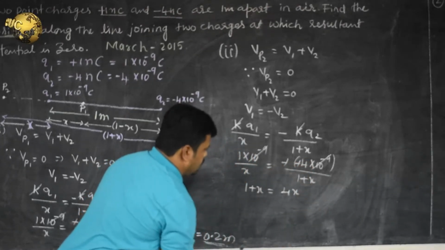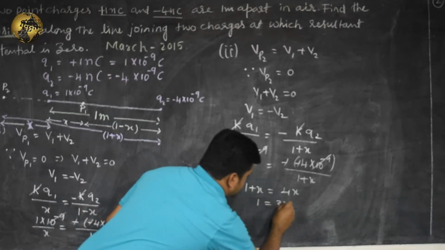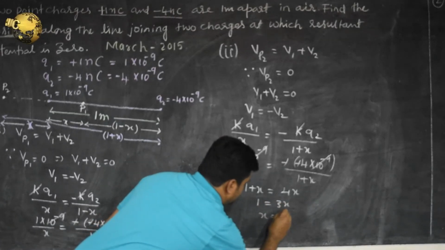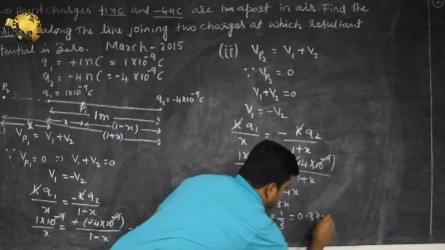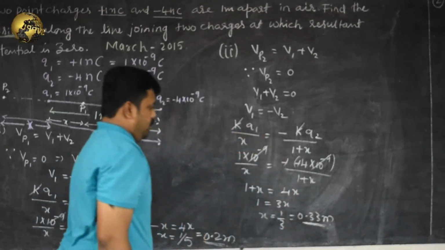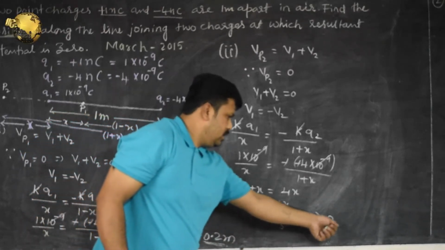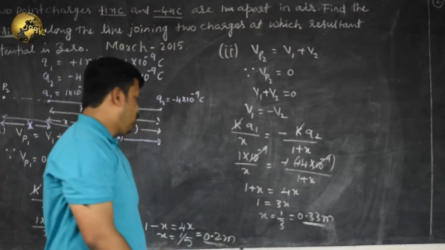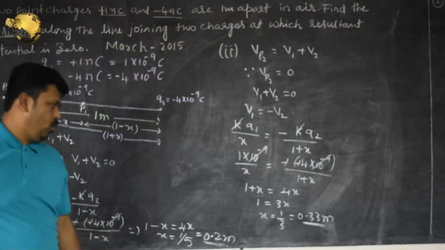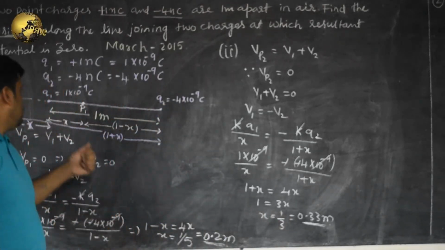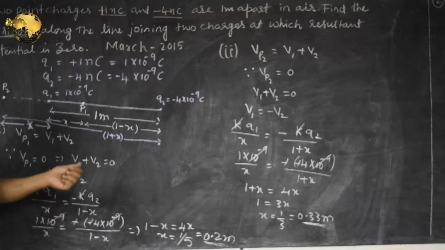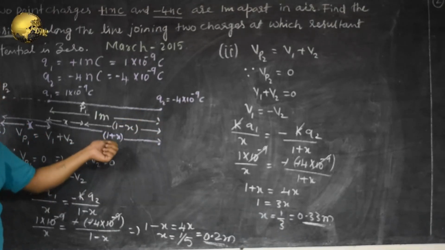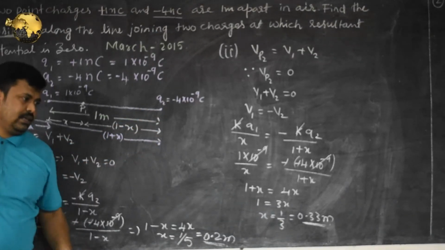So x is taken to that side, 1 is equal to 3x, and finally x is equal to 1 by 3, or 0.33 meters. So from Q1, the point P2 is at a distance of 0.33 meters. If you want to know it from Q2, it is 1 plus 0.33 meters.